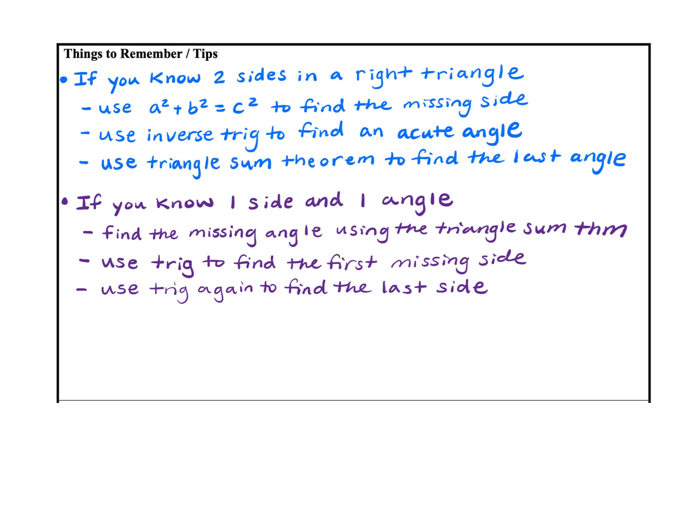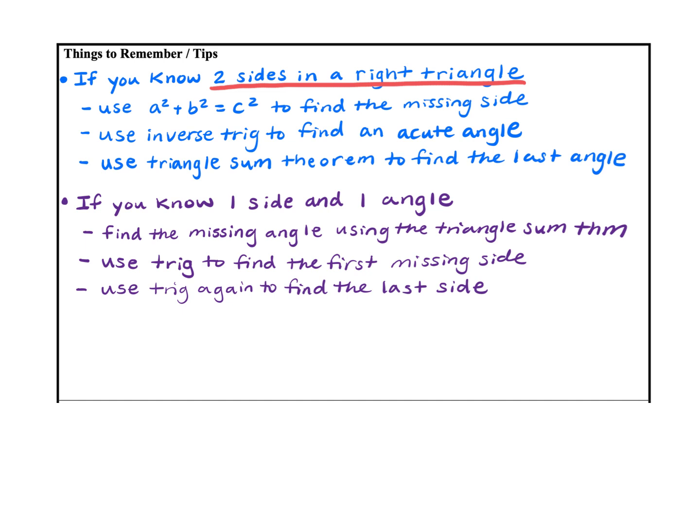Before we end this lesson, here's a few things that I added to the things to remember tips section of my notes. Feel free to pause the video and write this down. First, if you know two sides in a right triangle, that was the first example that we looked at today, you can use a squared plus b squared equals c squared to find the missing side, and then use inverse trig to find an acute angle, and then do the triangle sum theorem to find the last missing angle.